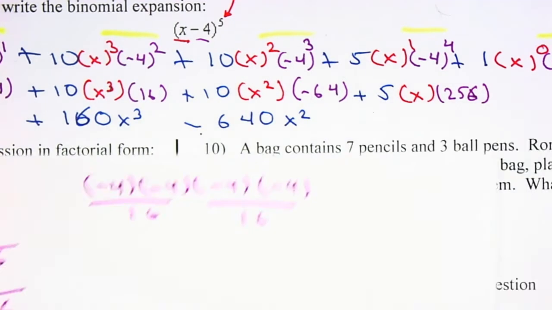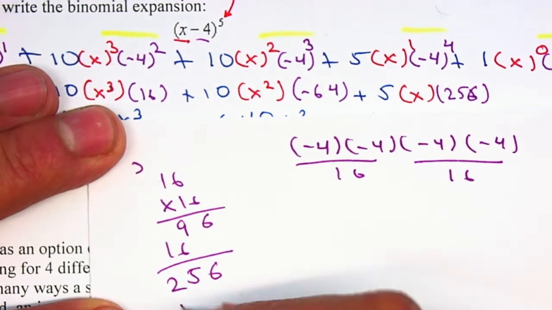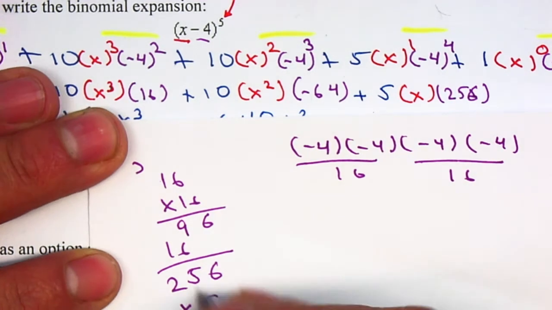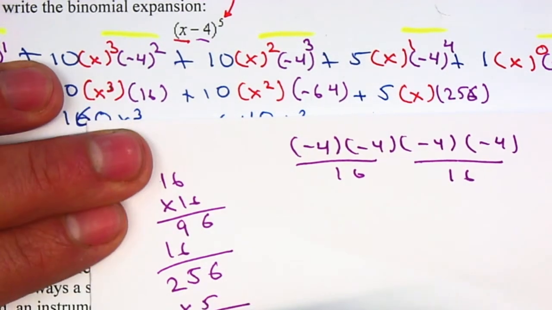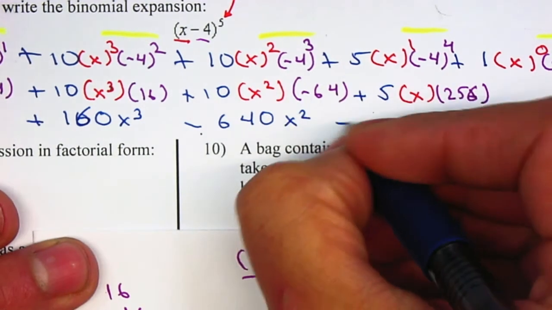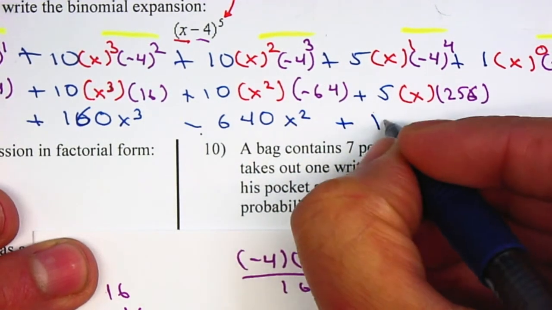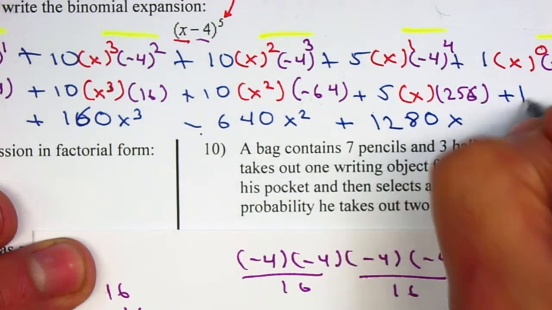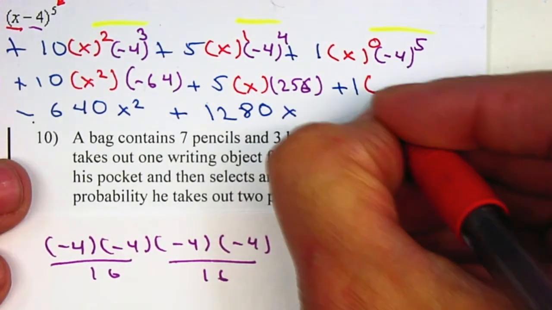Now I'm going to multiply by 5. That gives me 1280. So plus 1280x. And for the last term, we have a plus 1, x to the 0, and anything to the 0 power is 1.